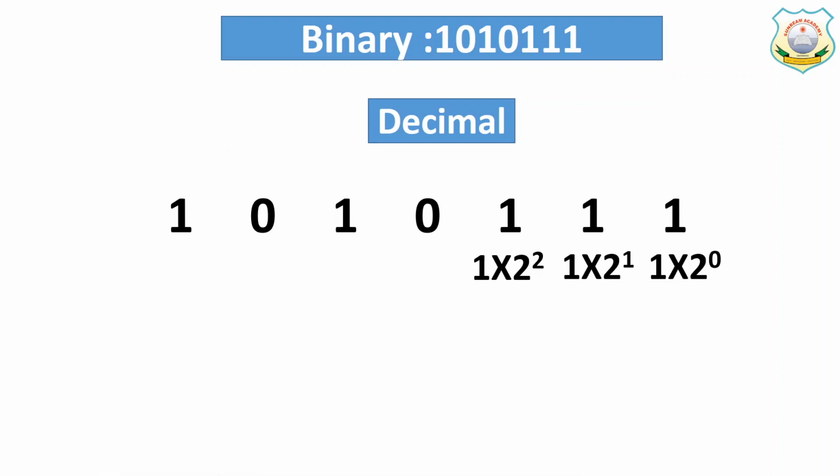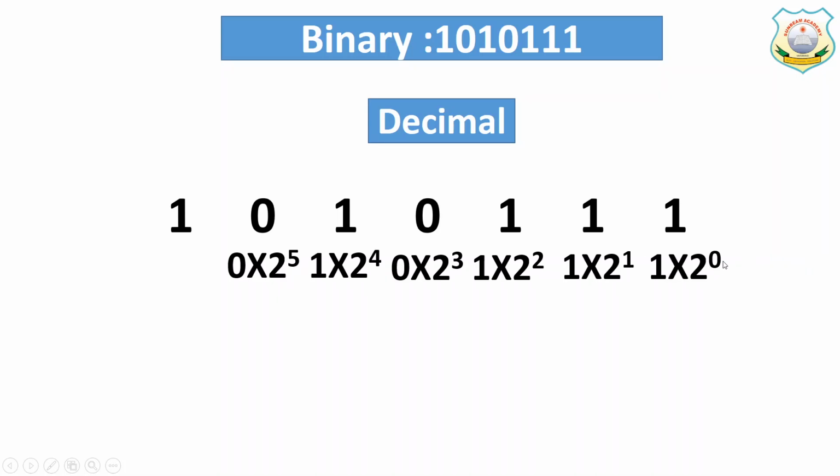Okay. Then I'm going to take this 0. This is anyway going to be 0. 0 into 2, and you can see the power has now become 3. Right? So that's 3. And then comes 1, 1 into 2 raised to 4. The power is increasing 1 by 1. That is 0 into 2 raised to 5.